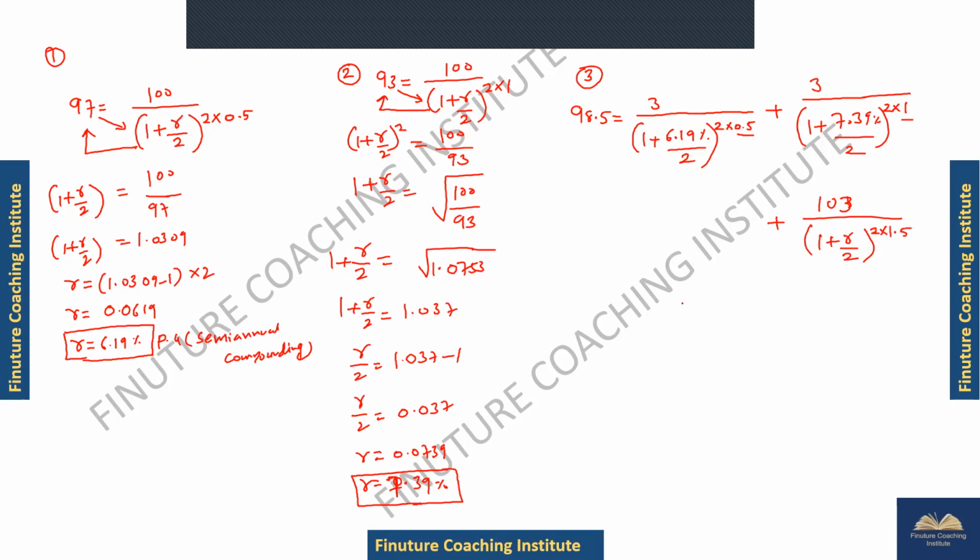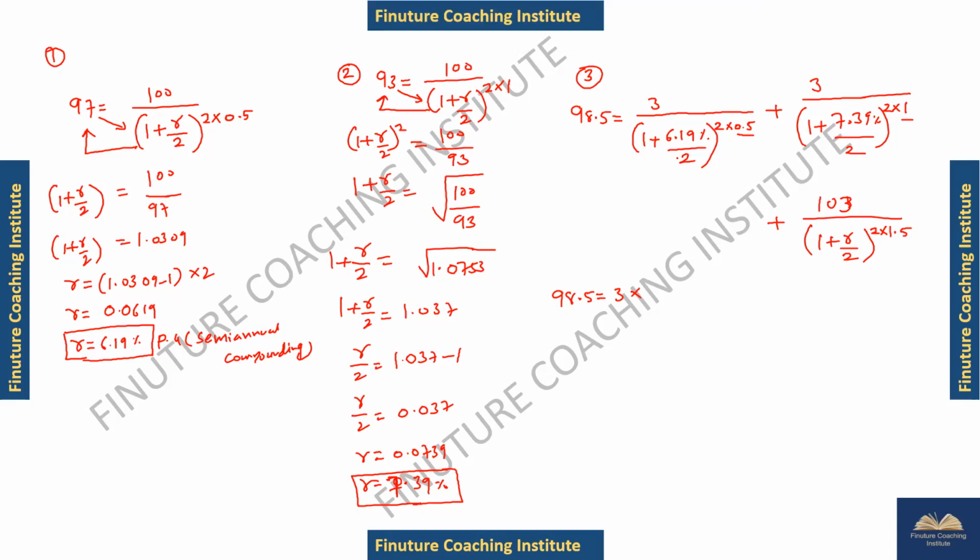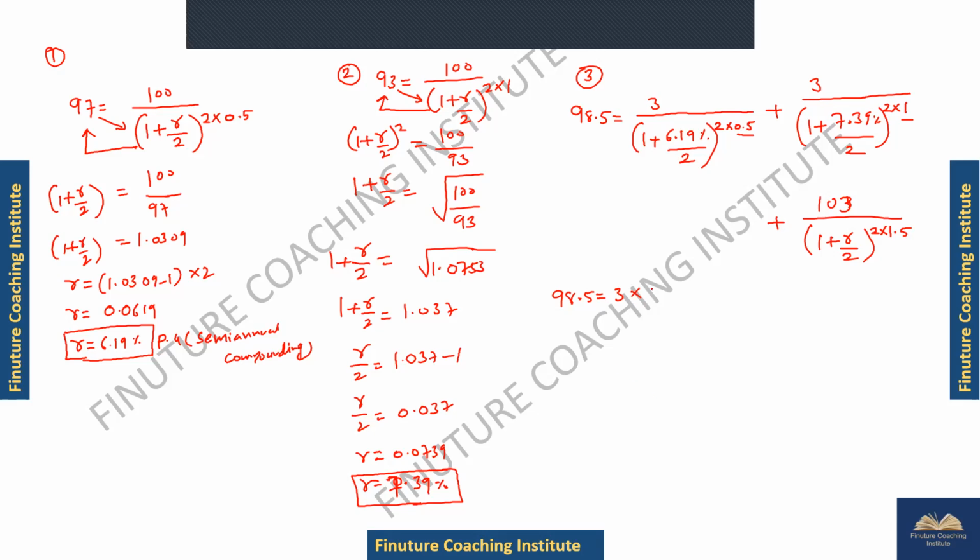So let me just quickly calculate for you. You can calculate this on your calculators. I will just use the discounting factor. Without wasting much time, I'll just write the discounting factor for 6 months. It's 0.97, so for the first 3, it's 0.97.